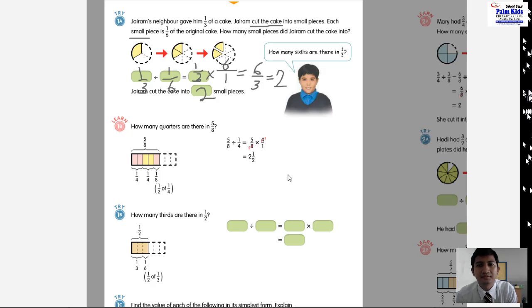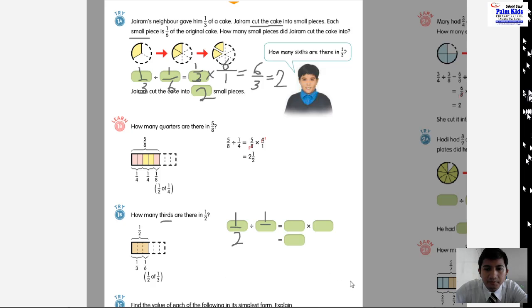Next. How many quarters are there in 5 per 8? Let's continue with this one. How many thirds are there in a half? So you just need to divide them. First, a half, and then you divide it by a third.